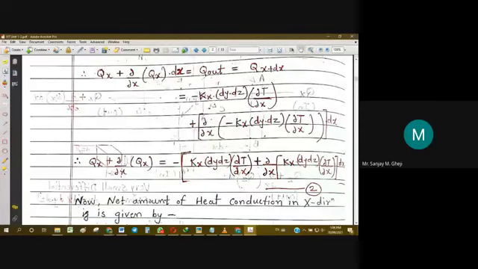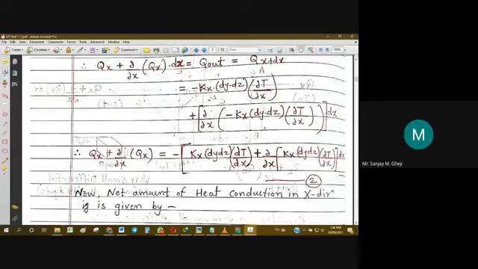That is why it is written like ∂/∂x of minus kx dy dz into ∂T/∂x. We are taking the differential of this entire quantity with respect to x. That is why it is written into dx. The entire bracket or entire differential will be multiplied by distance dx or length dx.